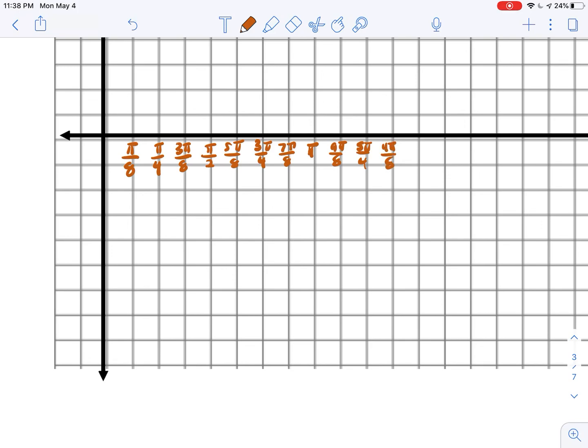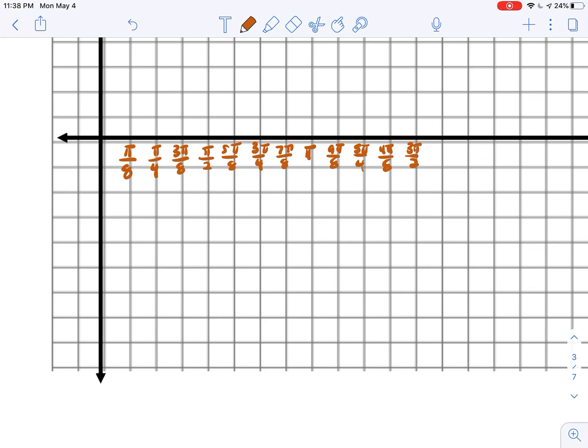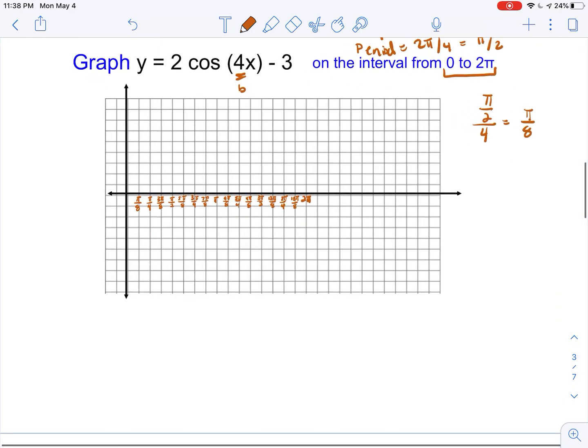Pi, 9 pi over 8, 5 pi over 4, 11 pi over 8, 3 pi over 2, 13 pi over 8, 7 pi over 4, 15 pi over 8, and 2 pi. So those are all of my labels.